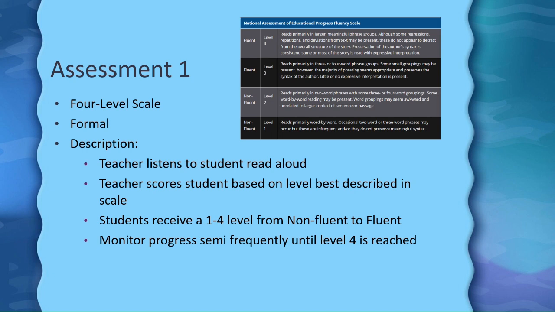This one is also very good for ELLs. It sort of matches the levels that they go through when they're going through their English language learning, but obviously we would go a little bit slower with ELLs, especially since they're still learning the language.